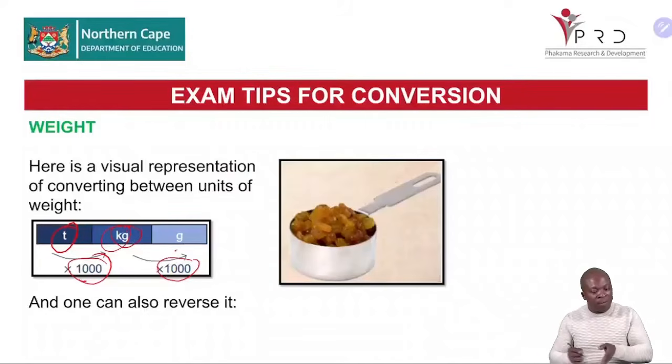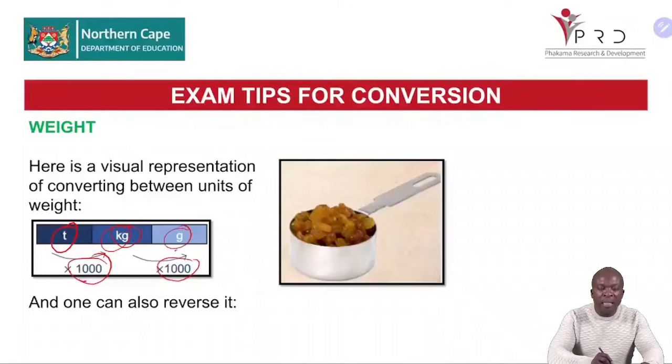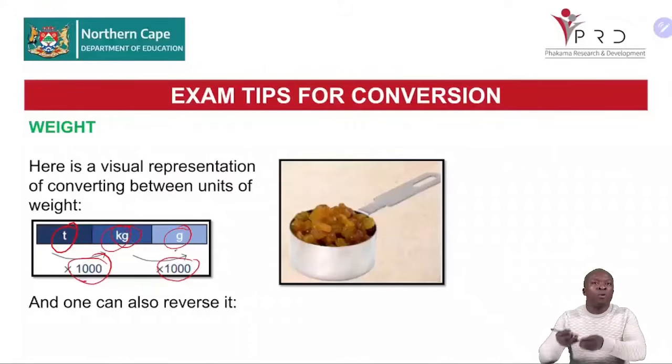Again, you can reverse, you can divide. If you have the unit in gram and the examiner says leave your answer in kilogram, meaning whatever answer you got, you have to divide it by 1000. If you have the value in kilogram and you want to go to ton, you are also going to divide by 1000.